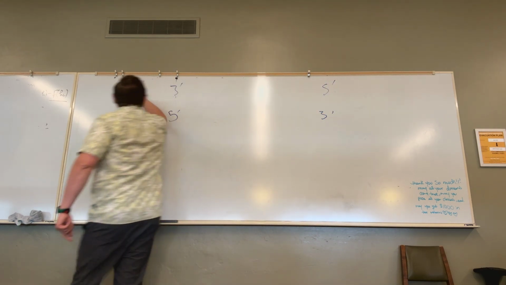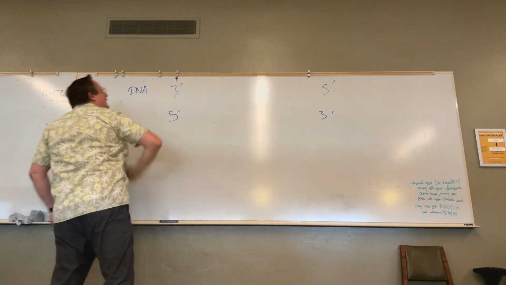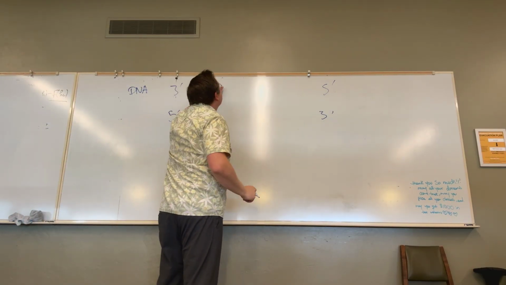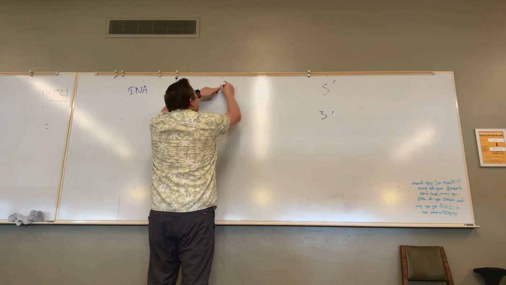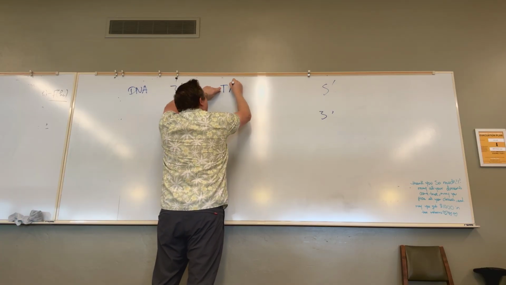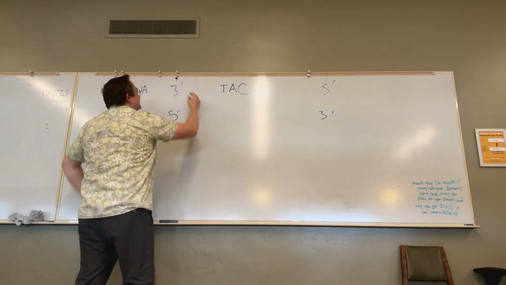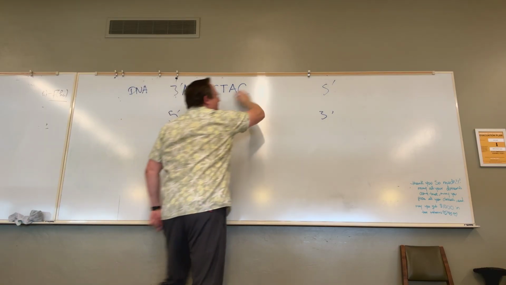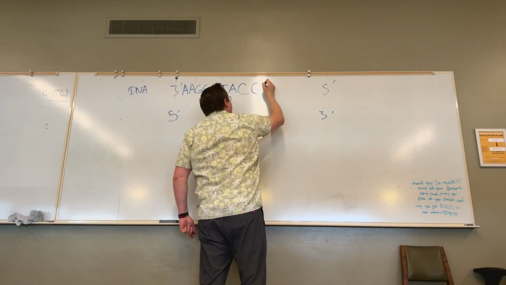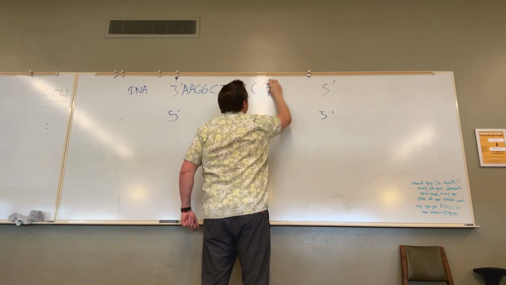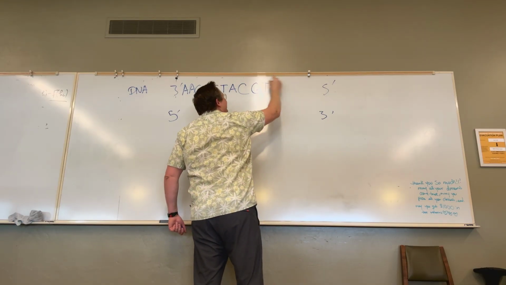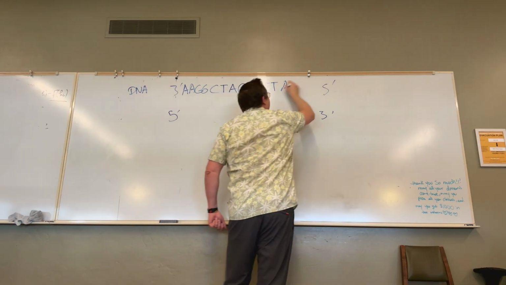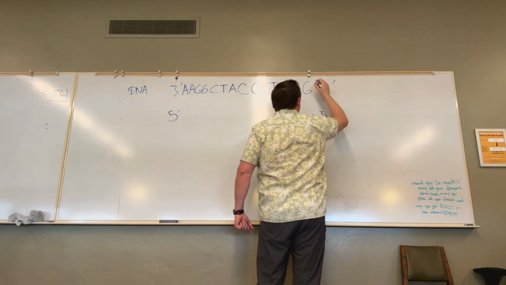If this is the DNA template, then we need to have an AUG, so this would be a T, an A, and a C, and then the rest of this doesn't matter. So A, G, G, C, T, A, C, G, U, T, T, A, C, G, A.